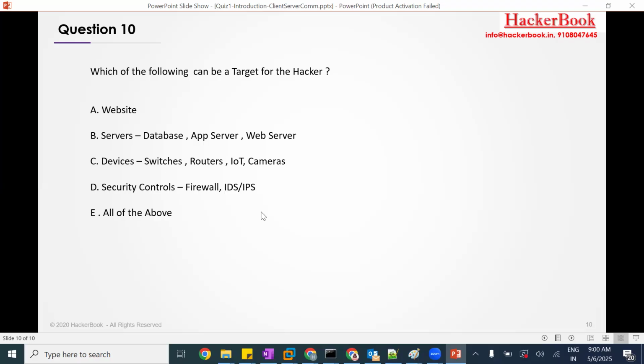The answer is all of the above, because each of these devices either processes or stores some sensitive information, as part of the IT infrastructure which we discussed on day one, right? The answer is all of the above.